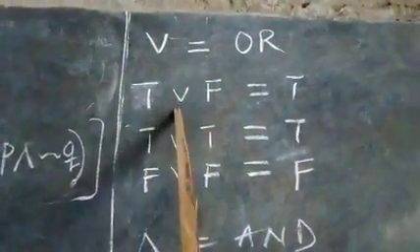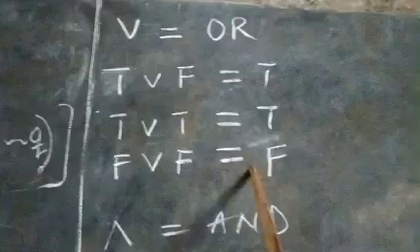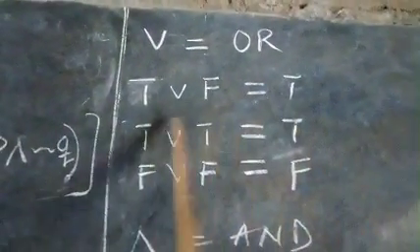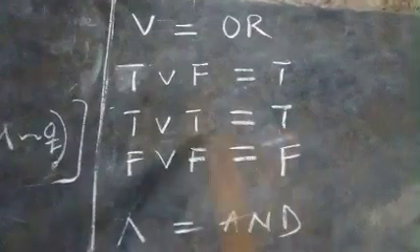True or false is equal to true. True or true is equal to true. False or false is equal to false. This is a law we need to get. T or F is equal to T. T or T is equal to T. F or F is equal to F.